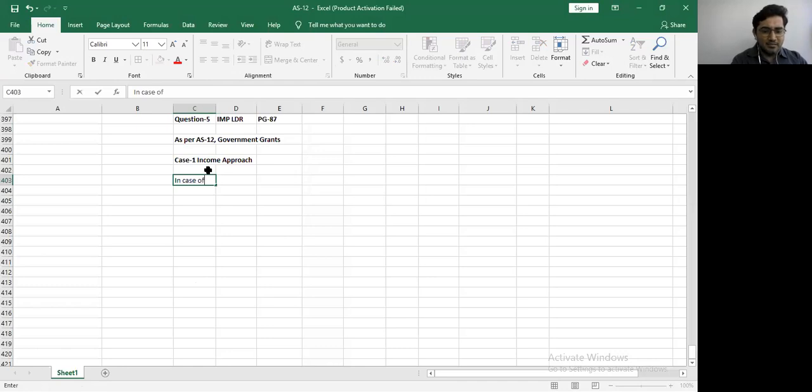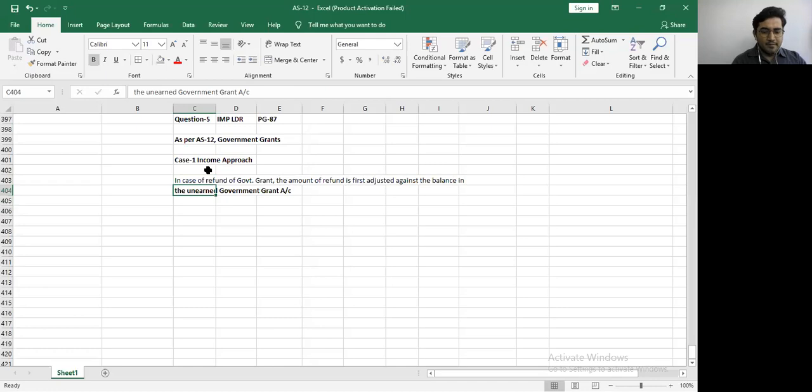In case of refund of government grant, the amount of refund is first adjusted against the balance in the unearned government grant account.